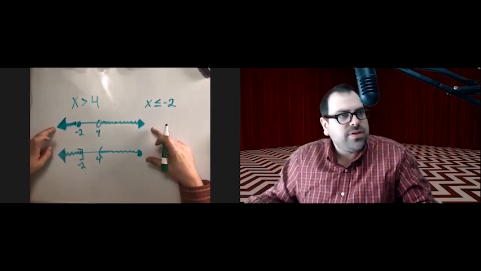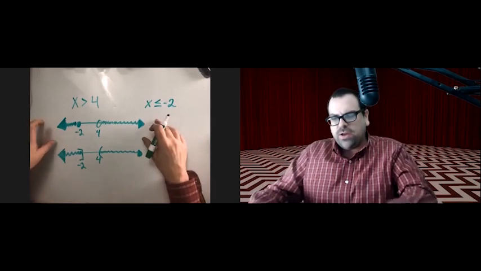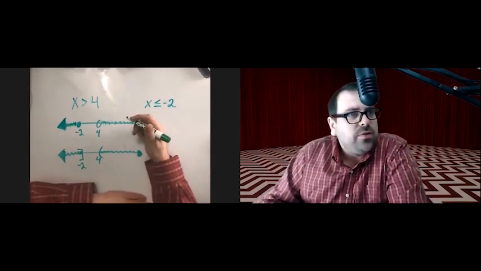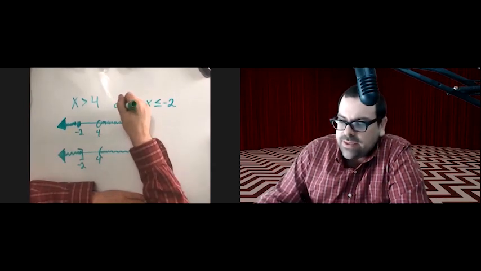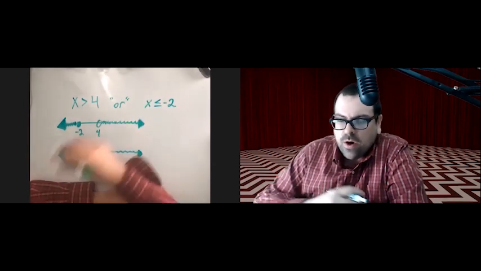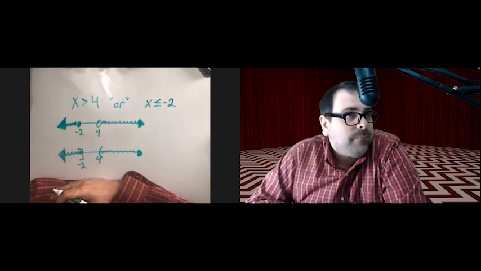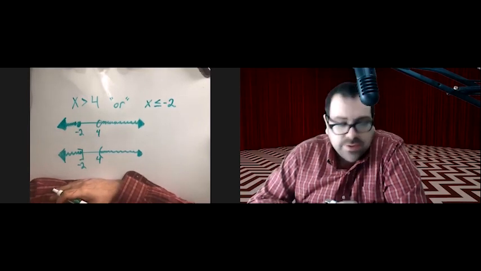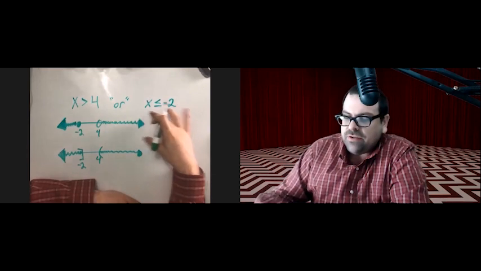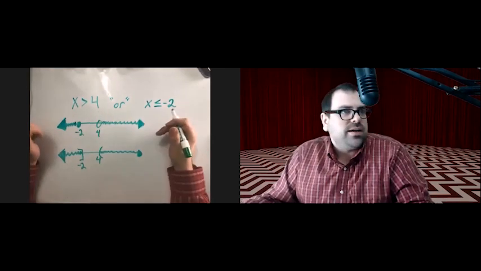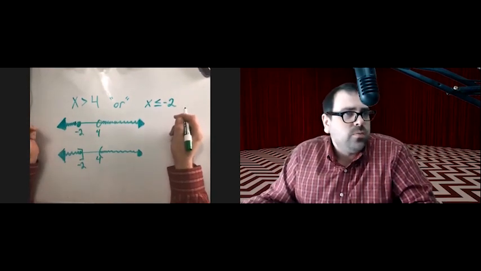And now these are both on the same number line. We saw in order to actually join two together, that's a union. That is an or statement. So the fact that we see both of these together means that we are taking them both together. We're taking the union. We have an or.